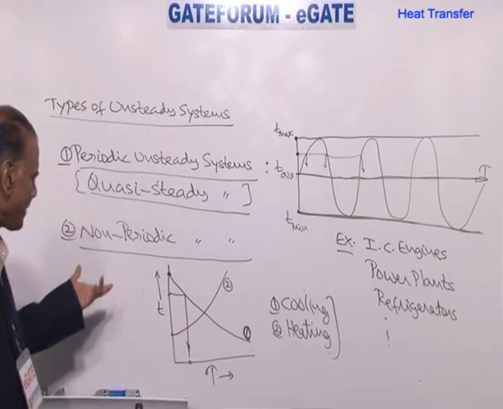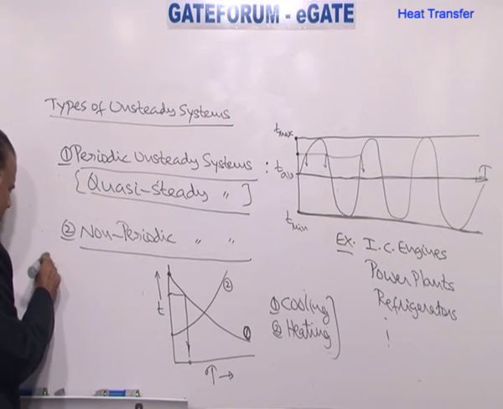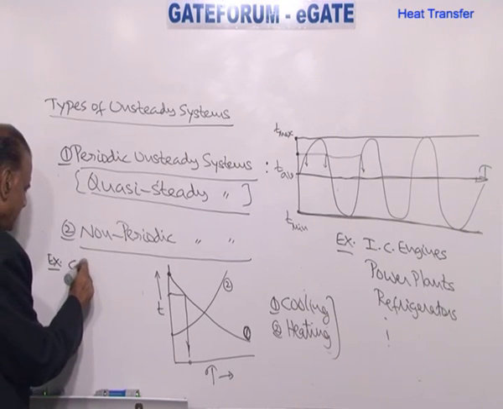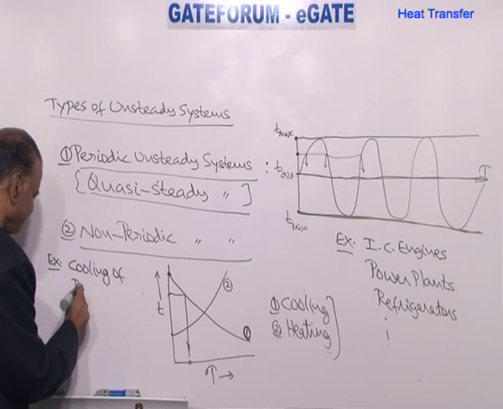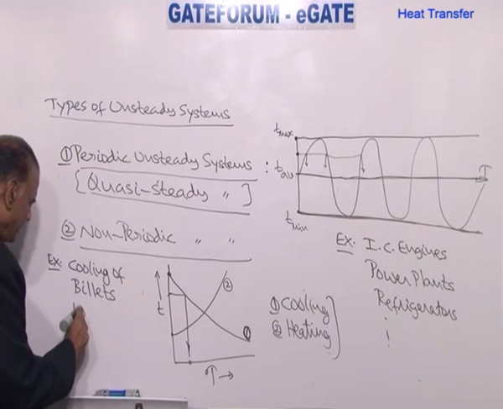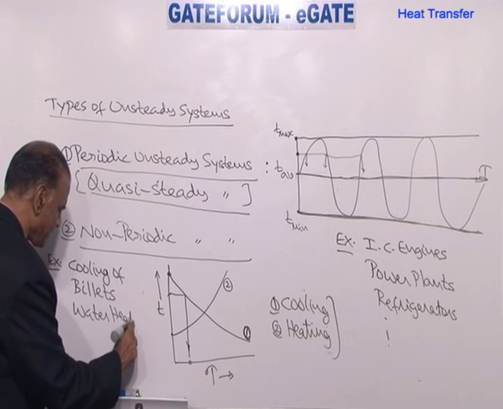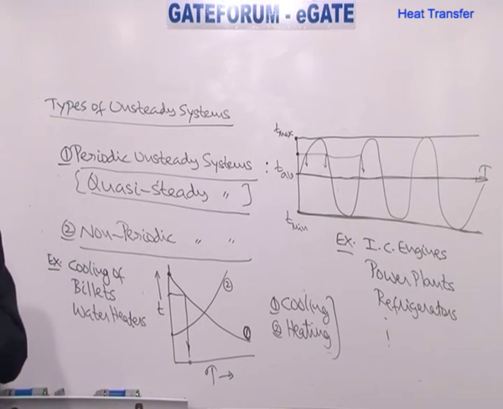Again, you have so many practical systems having this behavior. Examples for non-periodic systems: cooling of billets, then water heaters. In domestic water heaters, temperature continuously increases with respect to time. No question of getting the same temperature again and again.